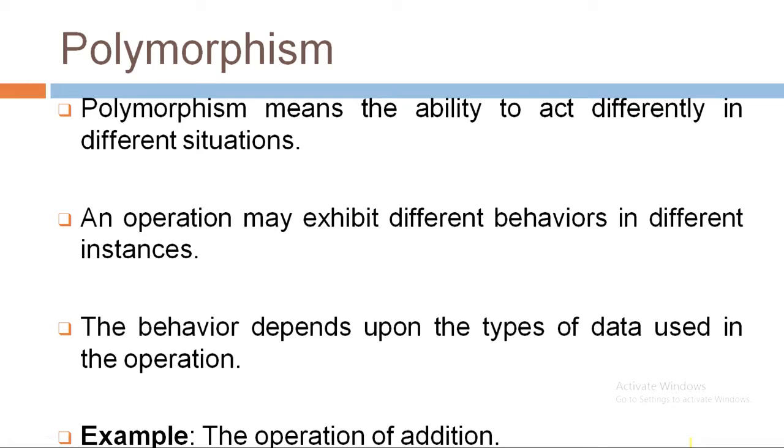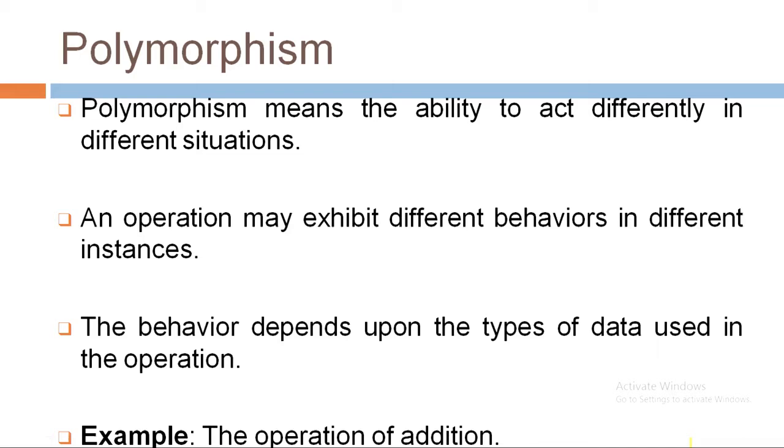The next concept is polymorphism. Polymorphism means the ability to act differently in different situations. Here the words poly and morphism are combined to make this meaning. Poly means many and morphism means forms. So polymorphism means many forms.